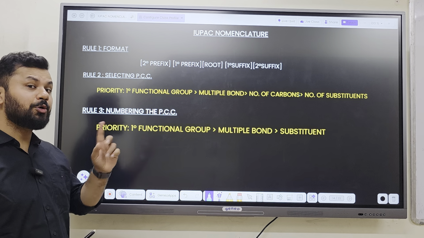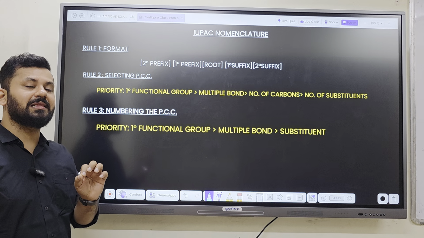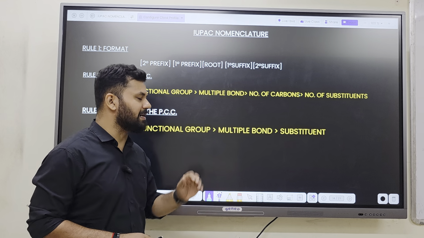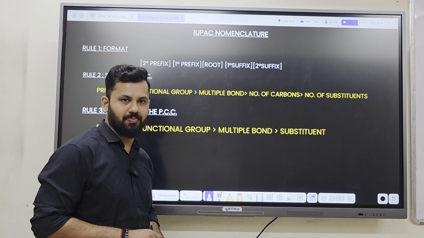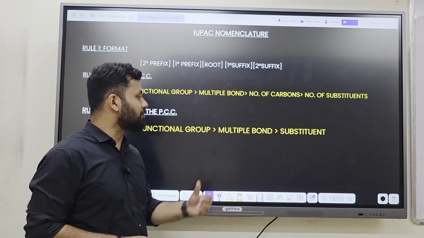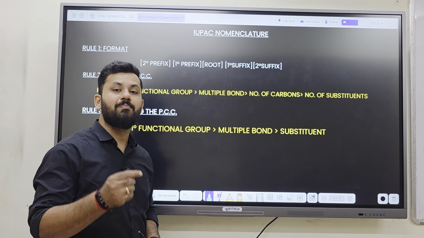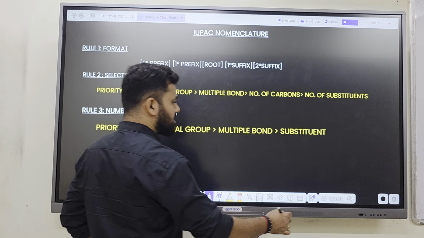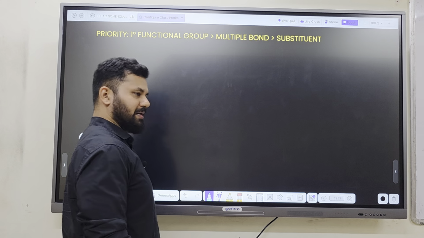Then, if there are two ways in which you are assigning the same number to the primary functional group, you will move to the next criteria, multiple bonds. You prefer that numbering in which multiple bond gets the minimum possible number. Let us check one example and try to understand this.